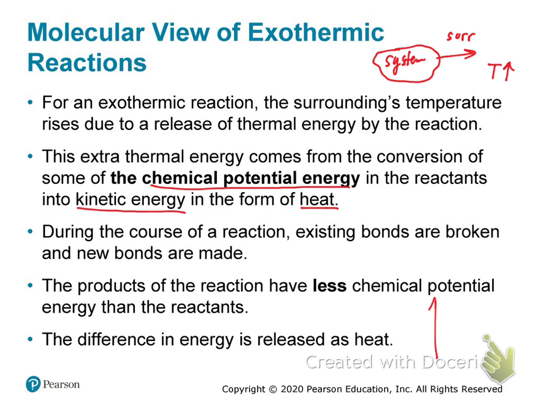If I draw an energy diagram for an exothermic reaction, we have reactants, products. So the products of the reaction have less chemical potential energy than the reactants.